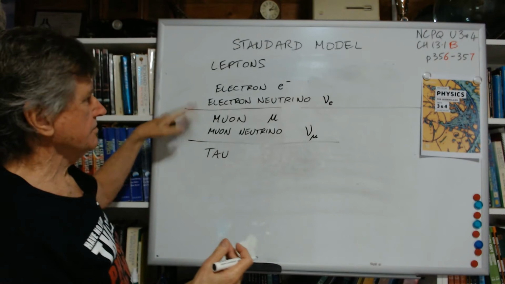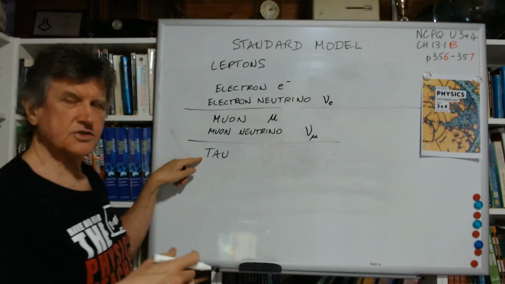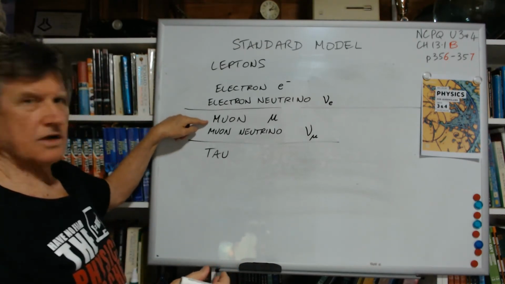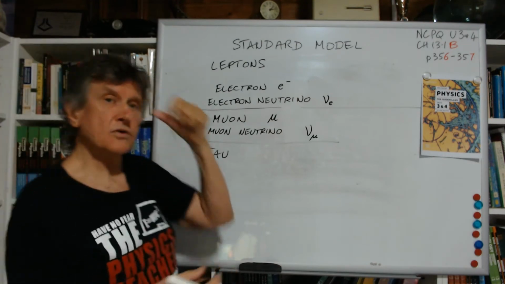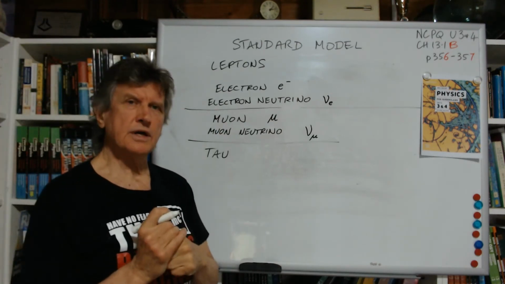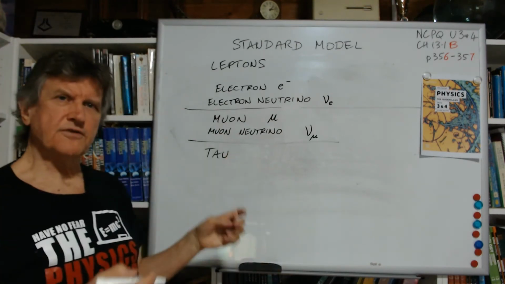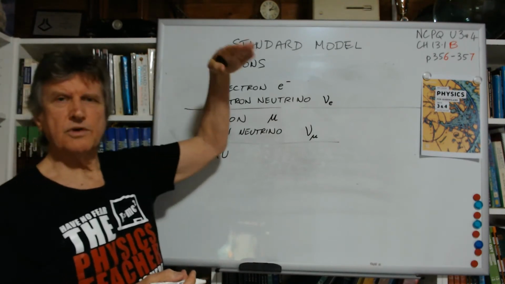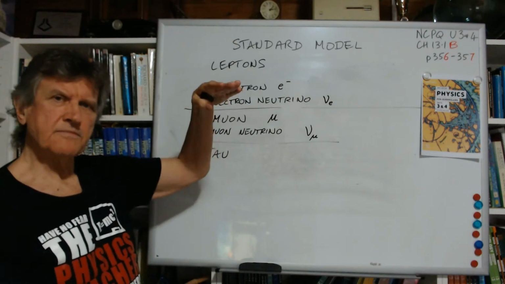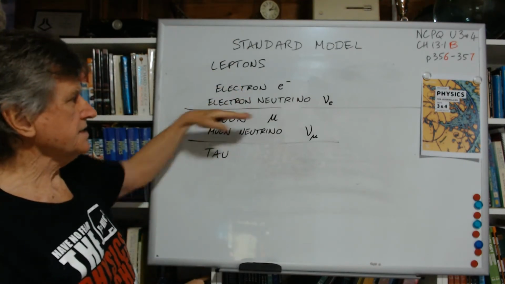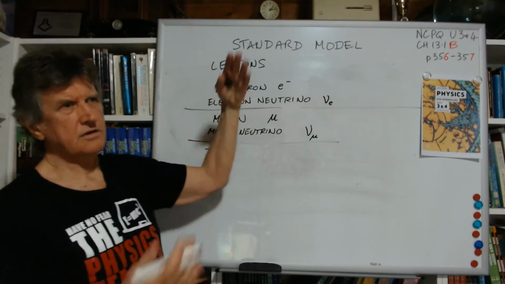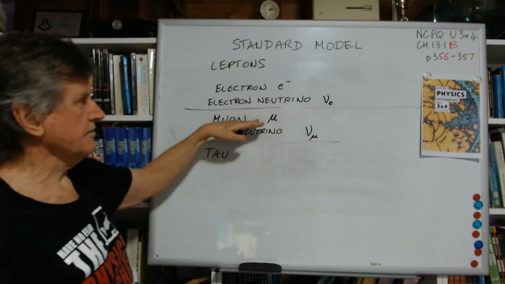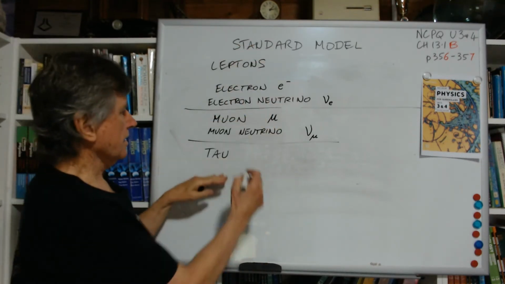Now these are quite unstable. This thing here is extremely unstable. Muons don't last for long. In your chapter on the muon experiment to confirm Einstein's theory of relativity, where they looked at the muon numbers at the top of the mountain and at the bottom, and I've done a video on that, these things decay in, you know, millionths of a second. It's very, very small. Okay, so you've got this tau.